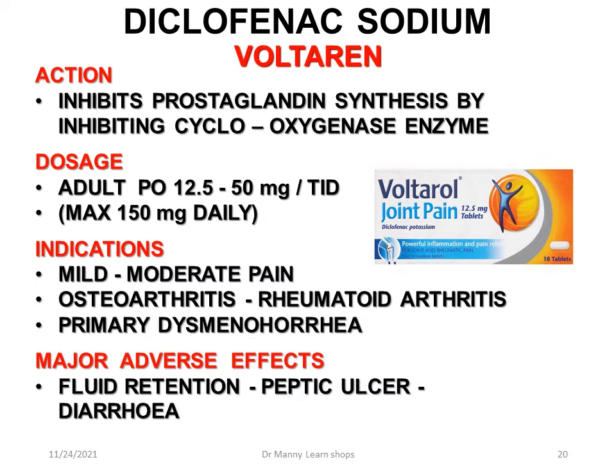Be cautious because it can cause stomach GI ulcers. The indications are for mild or moderate pain, osteoarthritis and rheumatoid arthritis, very good, primary dysmenorrhea, but the major adverse effects are fluid retention, gastric and intestinal ulcers such as a peptic ulcer, and diarrhea.